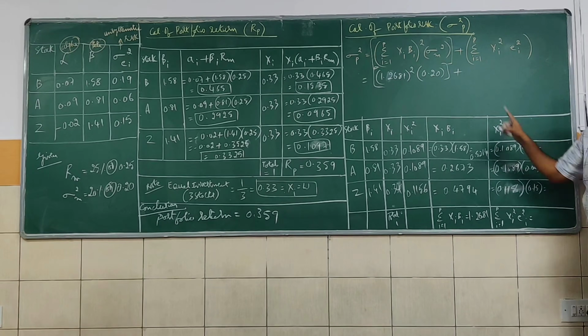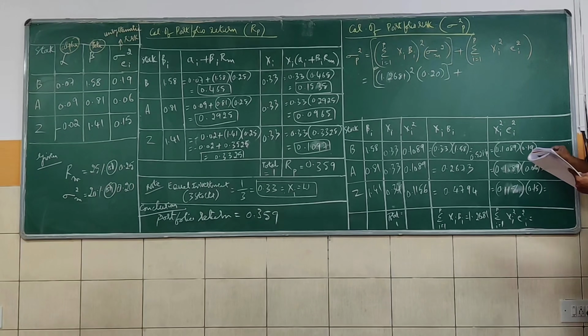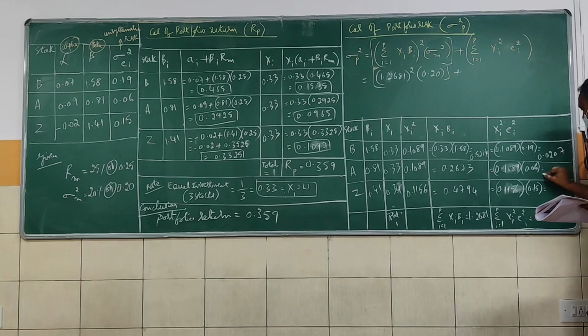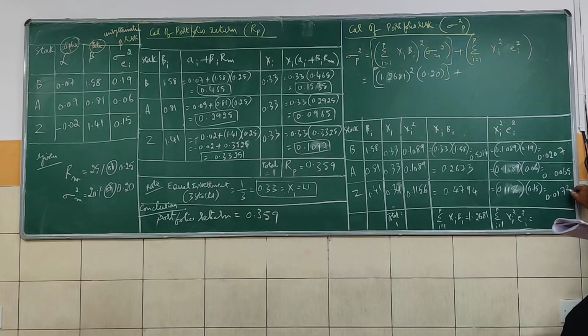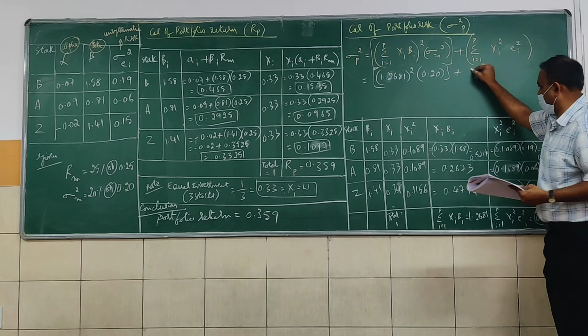Xi square into the unsystematic risk. Add up all, 0.0445. Second part of it.